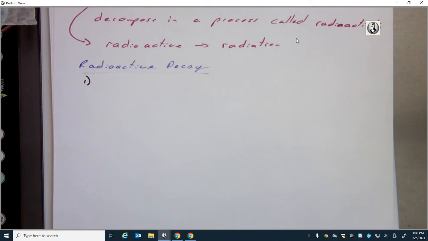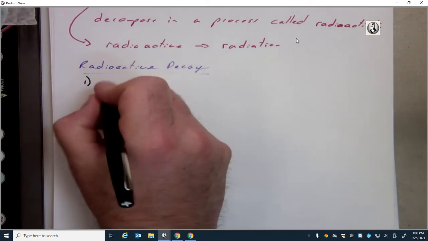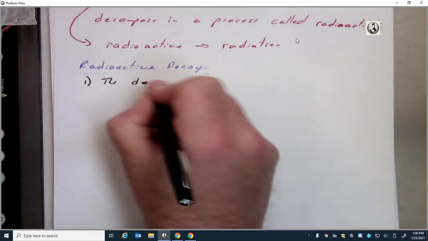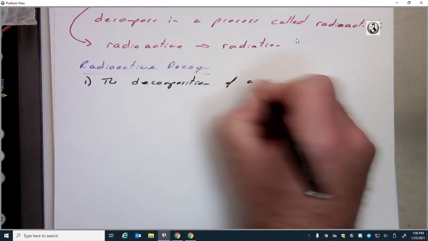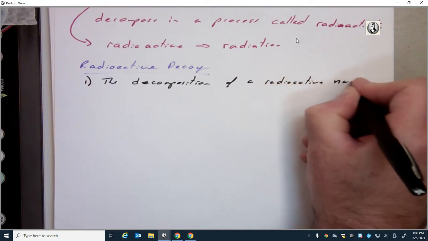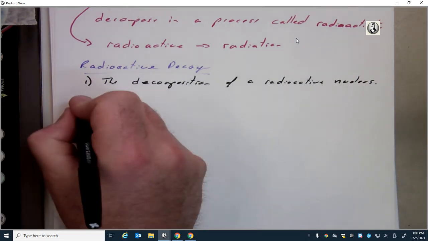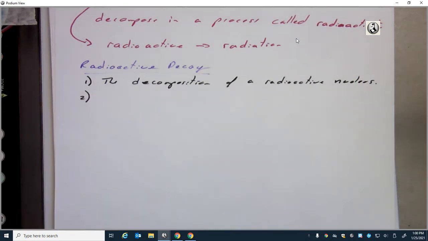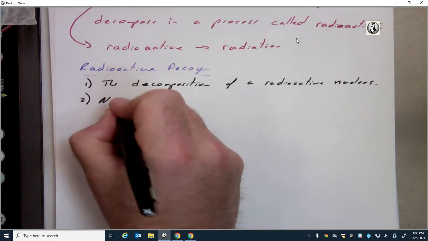All right, so number one. Radioactive decay is defined as the decomposition of a radioactive nucleus. When the nucleus goes through radioactive decay, it gives off a large amount of energy.